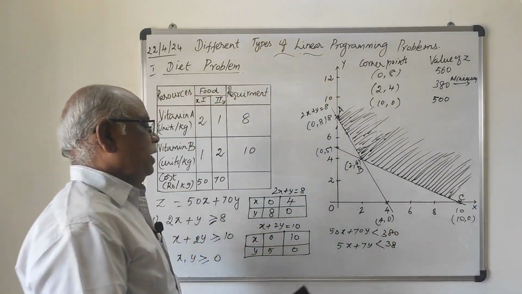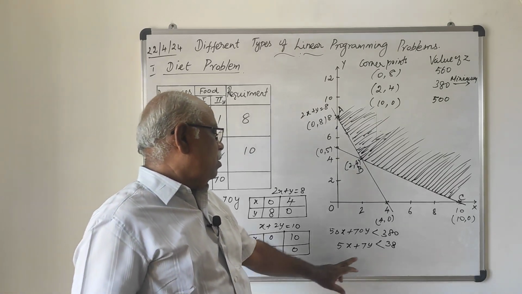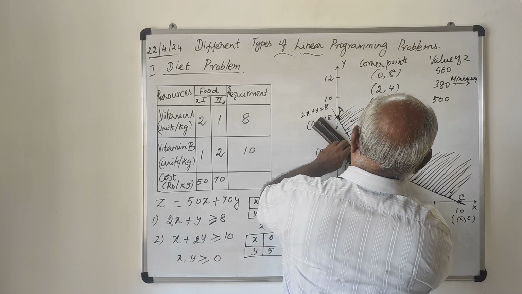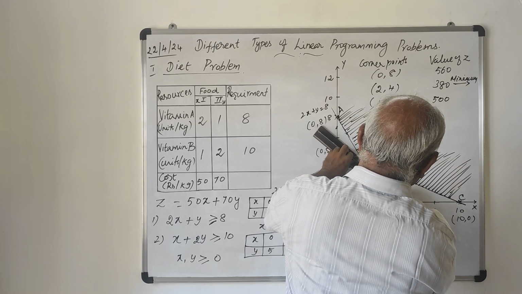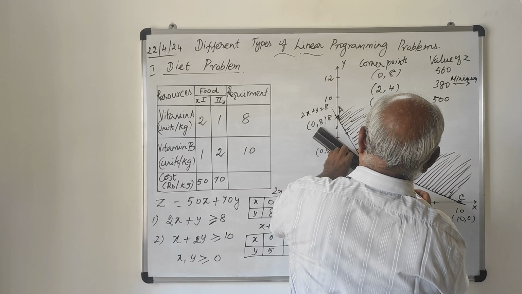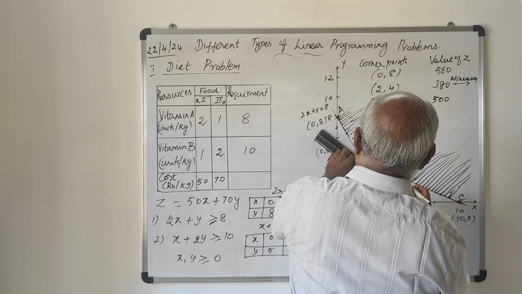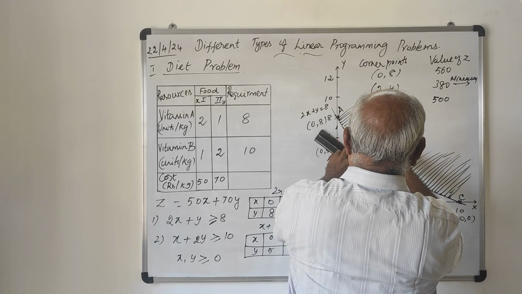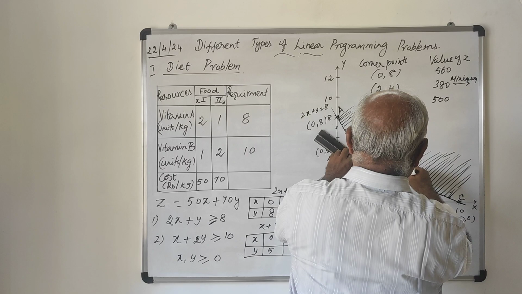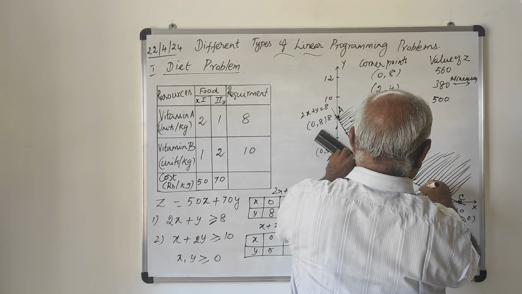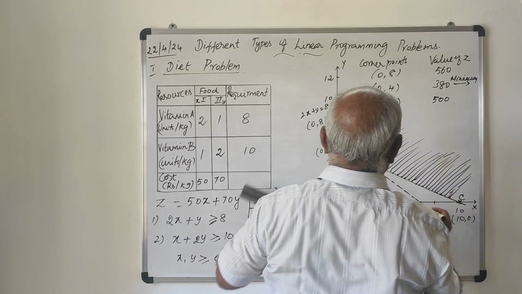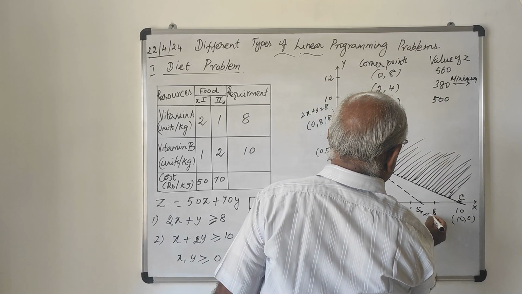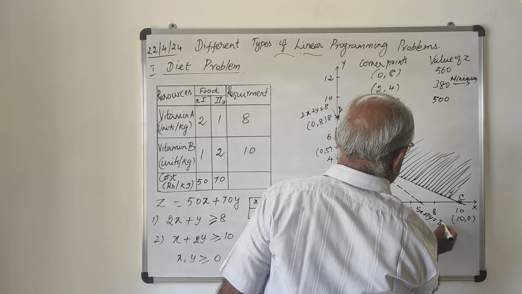So this is the inequality that gives you the minimum cost of the mixture. If you draw this line, you will get this line. So this is the line, 5x plus 7y is 38.